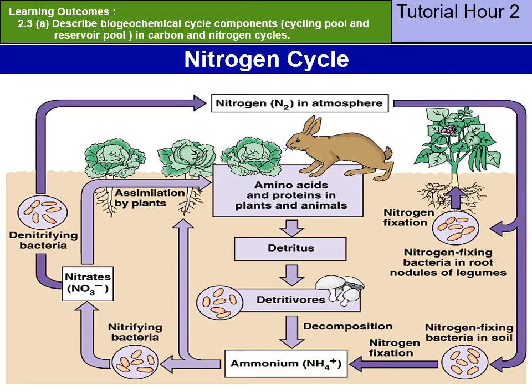The atmosphere is the major reservoir of nitrogen, while plants and animals are the cycling pool, which is the movement of soil nitrates absorbed by plants to herbivores to carnivores in a food chain.